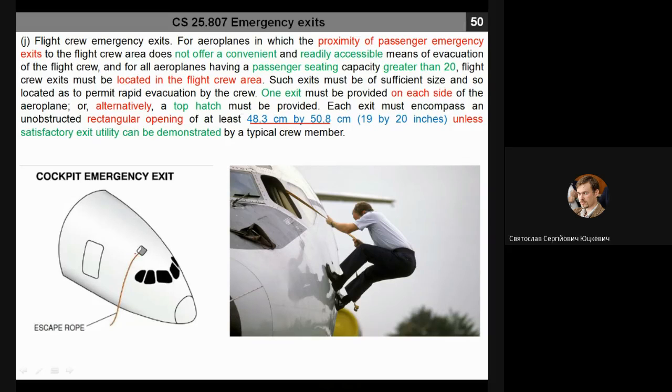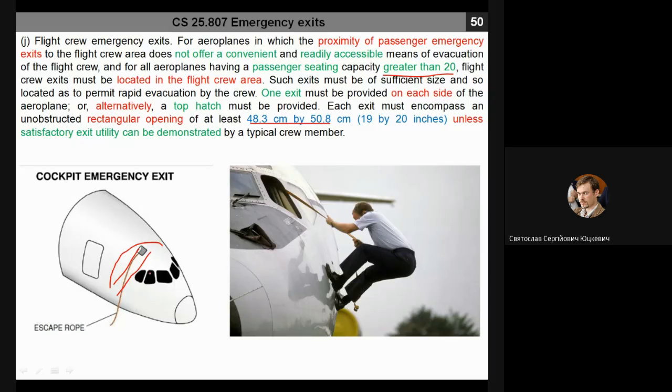In some airplanes it will be an overhead hatch, or it will be just a sliding window. But for sure, it must be an element for the evacuation if your number of passengers is greater than 20. Because, as you remember, we separate our flight deck from the passenger compartment by means of a flight deck door for safety.